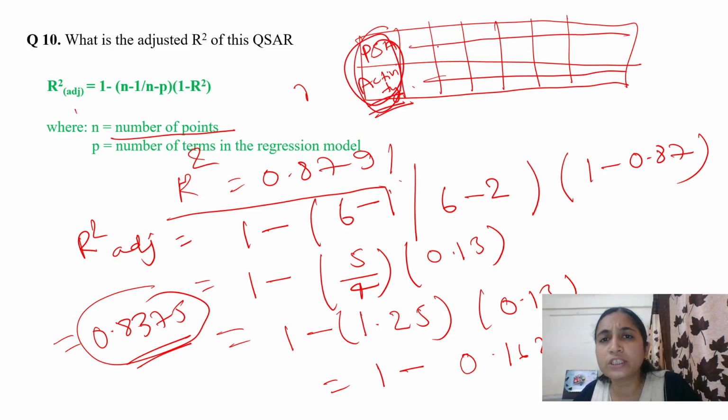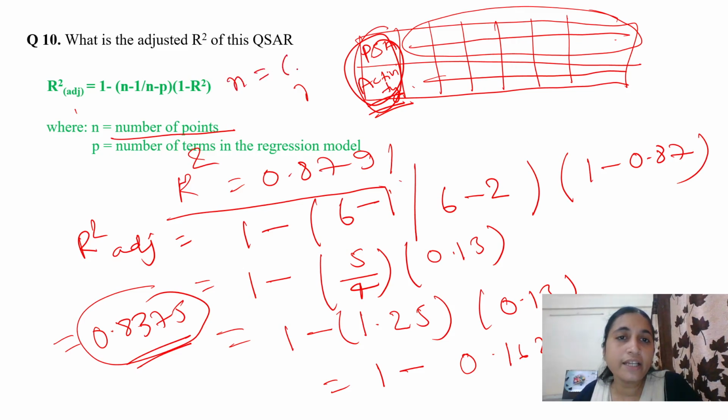If you go to question number 7, the 6 value is given here, right? N equals 6 and P equals 2.